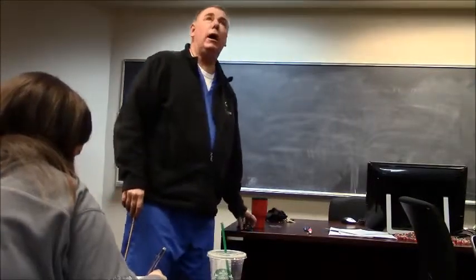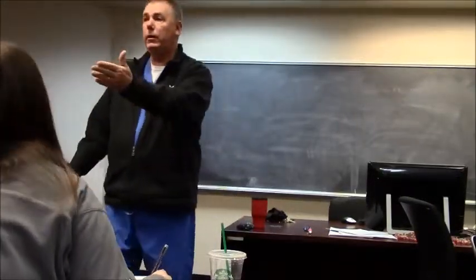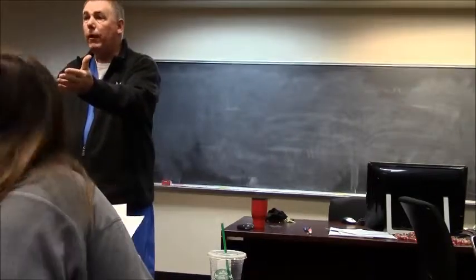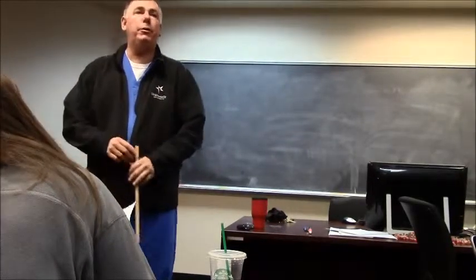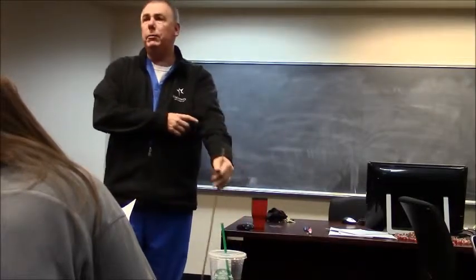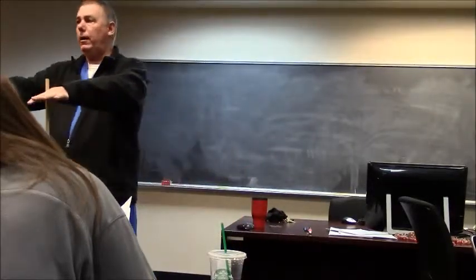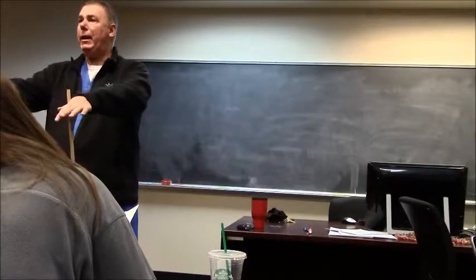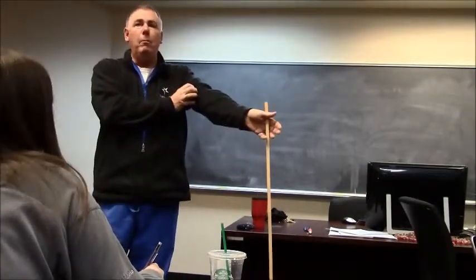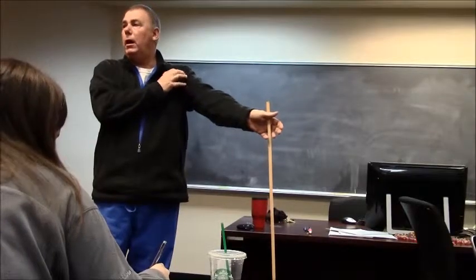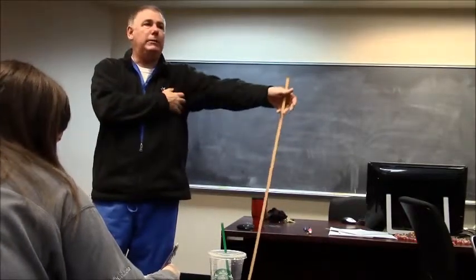Cat scratch disease, which is another cause. Most of the time you get scratched on the back of the hands, and people will come in with these humongous lymph nodes in the epitrochlear or axillary region.